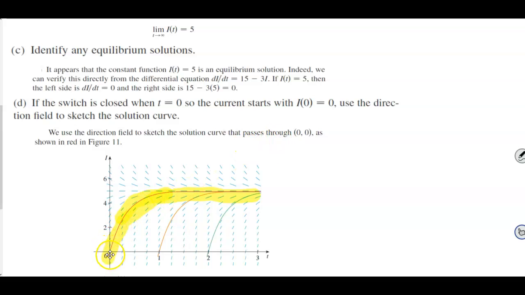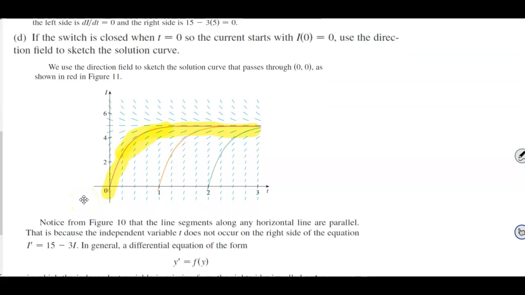Starting at (0, 0), the direction field gives you a curve, and if you watch the segments, it turns towards the limit where the function is 5. So therefore, this one in red is the graph when t is equal to 0.